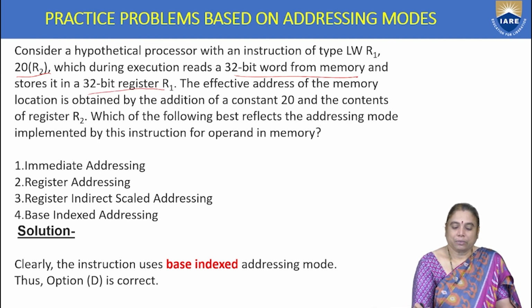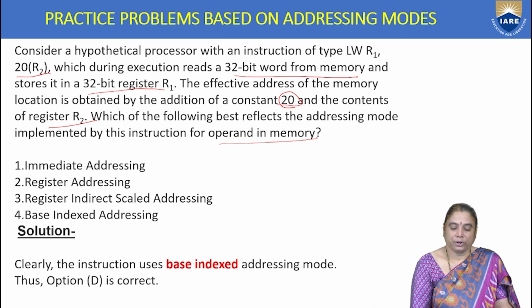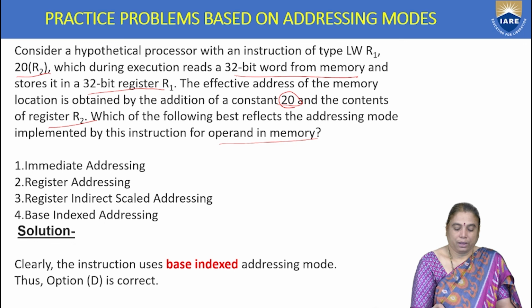The effective address of the memory location is obtained by addition of the constant 20 and the content of the register R2. Which of the following best reflects the addressing mode implemented by this instruction for the operand in memory? The constant 20 has to be added with the register R2.